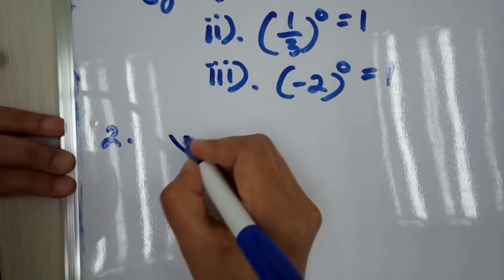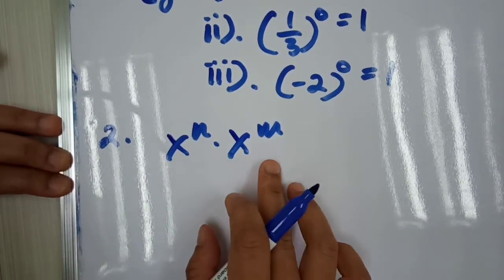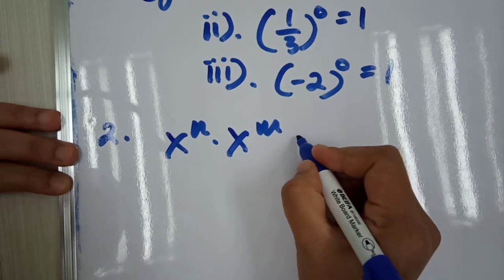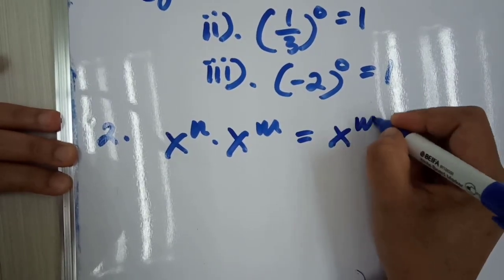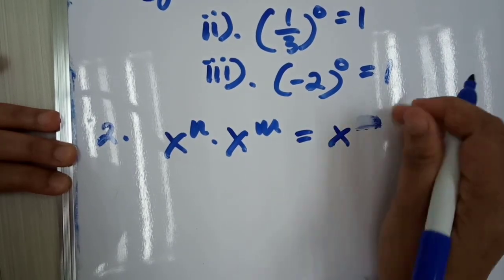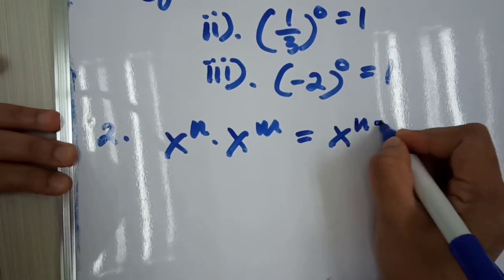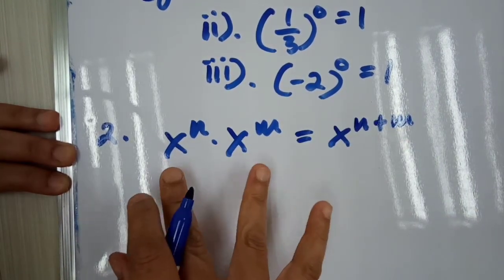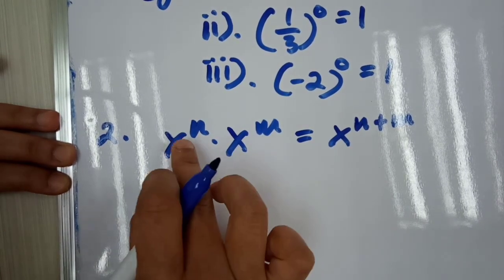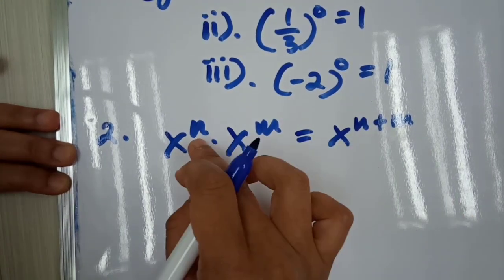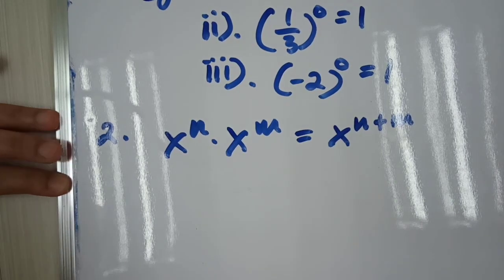When we multiply x power of n multiply x power of m, the expression contains the same base x, with the powers n and m, so multiplication becomes addition.